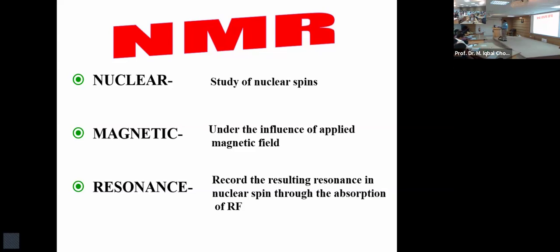So remember, in order to break a wall, you need a hammer. In order to put a small nail into the wood, you need a small hammer. In order to break the whole building, you need bulldozers. Exactly the same analogy. The electromagnetic radiations with different energies would have a different effect on your sample.